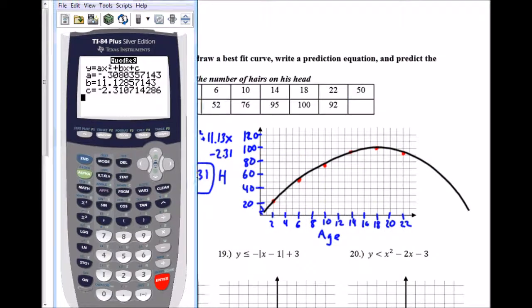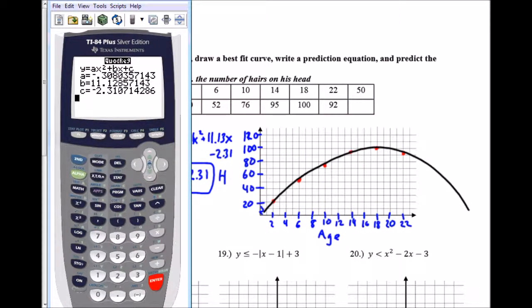I need to make a prediction about this. So I'm going to plug this in. So I get somewhere around a negative 220.81. All right, so it looks like I've donated my hairs to science.